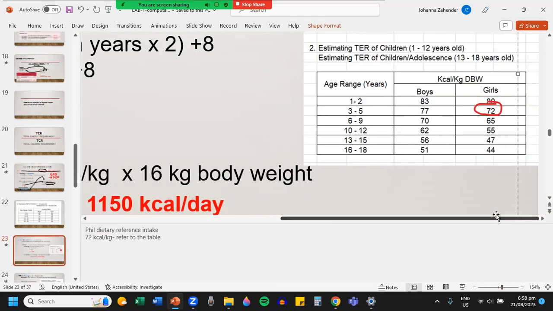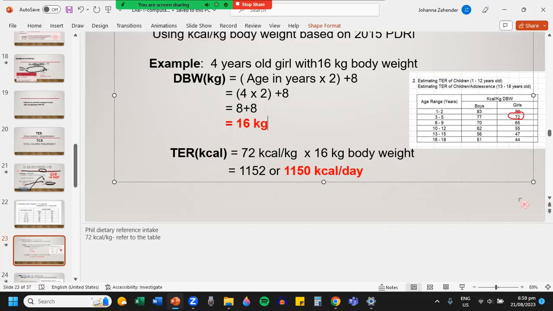For a girl, in this example the girl is 4 years old, and her kilocalorie per kilogram desirable body weight is 72.